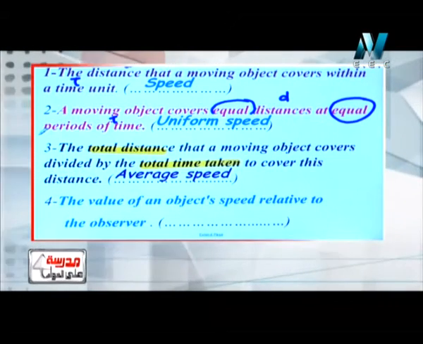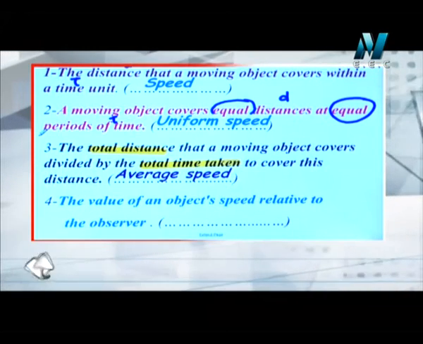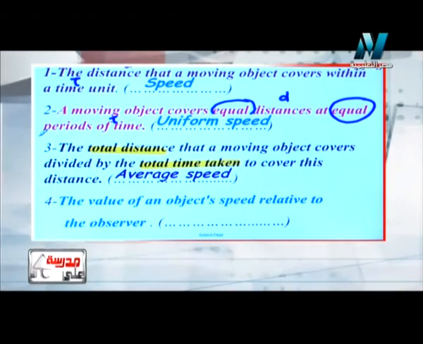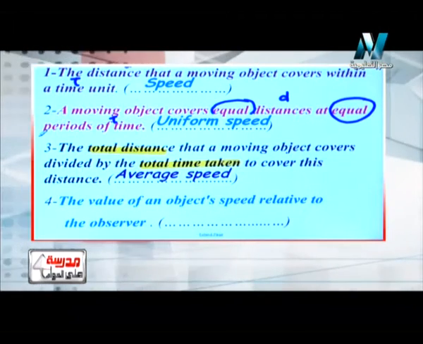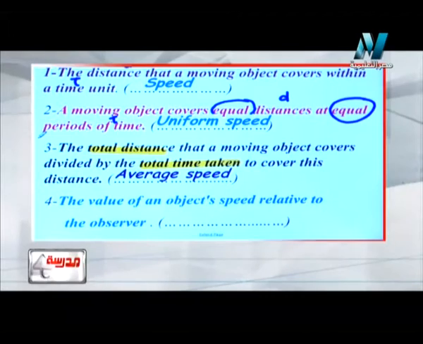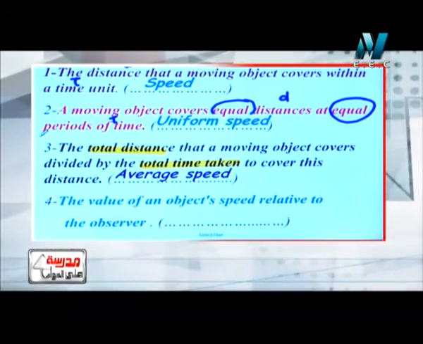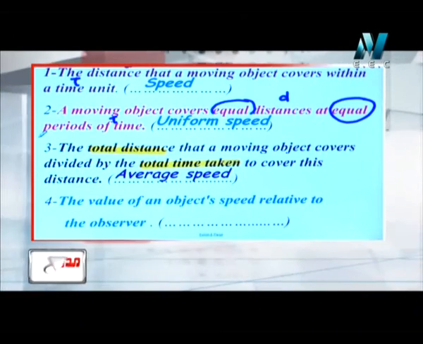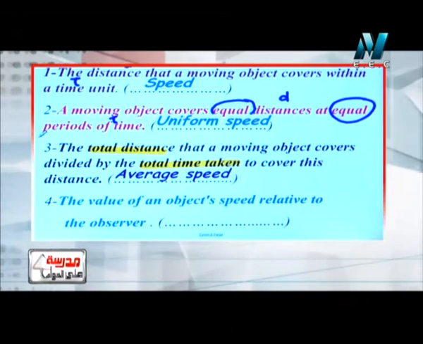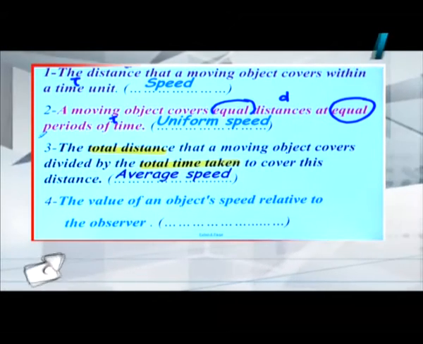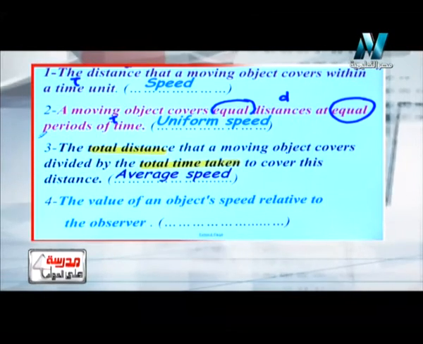Number 4, the value of an object's speed relative to the observer. Here we talk about speed, but according to another object. So we talk about what speed? Here we have two objects that move, maybe in the same direction, maybe in the opposite direction. But at the same time the two objects are in motion.